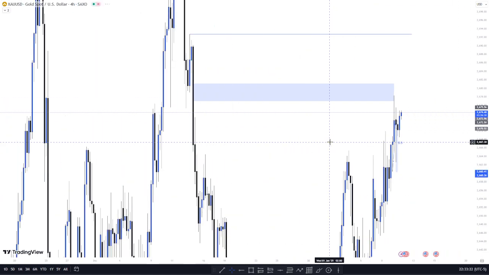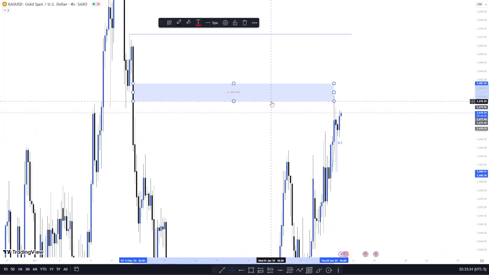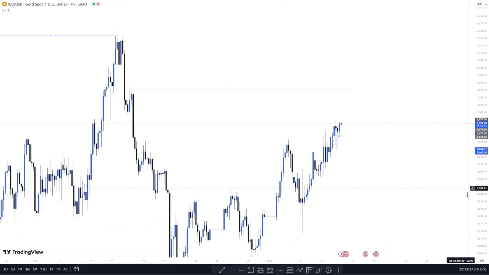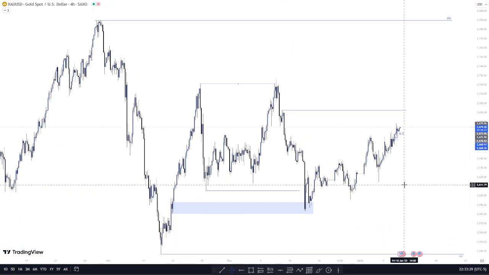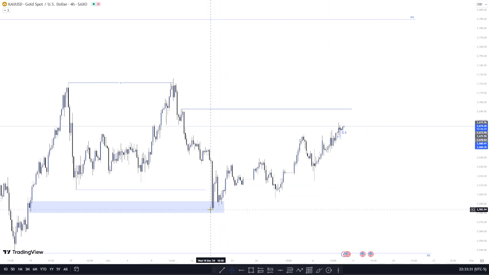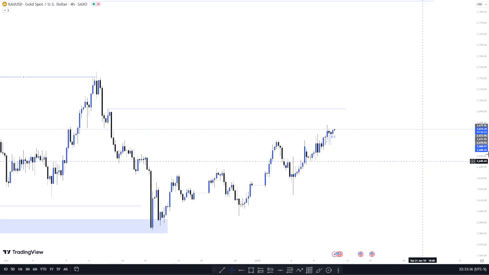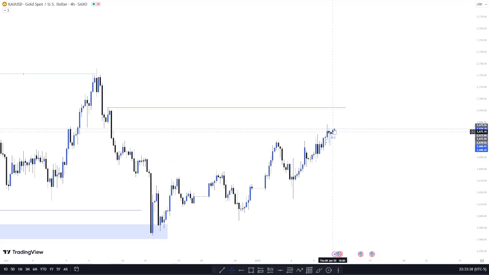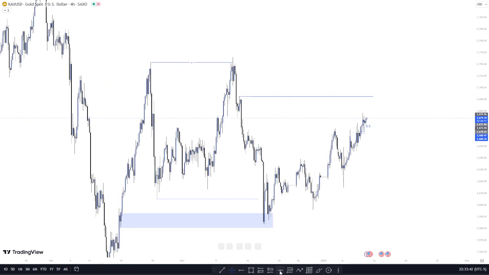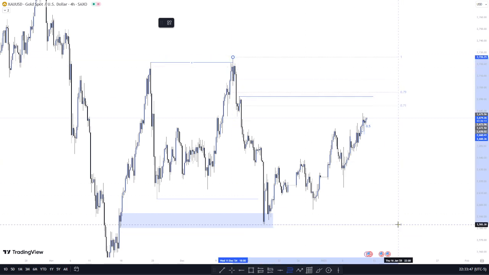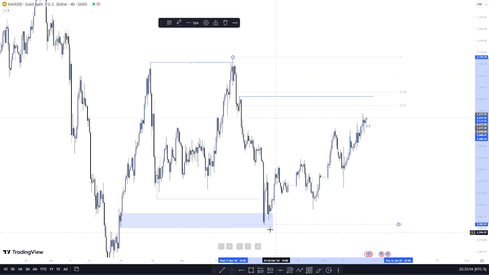So what did I see? On the 4 hour we see that we have all this sell side liquidity, right? So we can see price currently pushing to this current internal liquidity because it's in the perfect zone of this range to look for big sells to the downside, take out all this buy side.